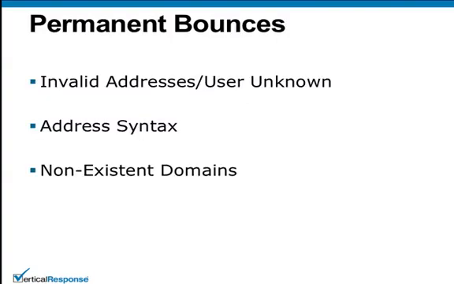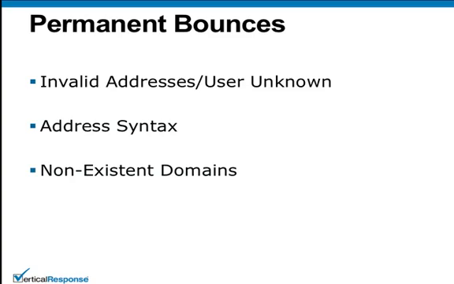So looking specifically at permanent bounces, these are generally caused by two main reasons. The email address doesn't exist, or the domain doesn't exist. Non-existent email addresses are inevitable. For example, people change jobs, their old email address then gets deleted, addresses in your list go bad over time.